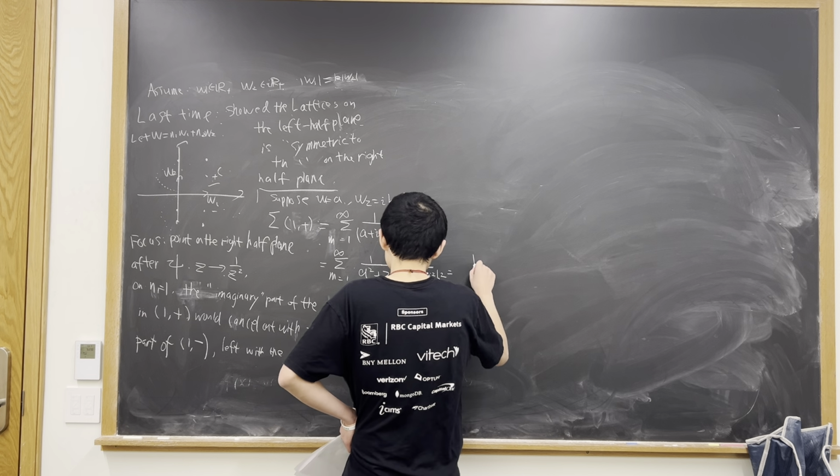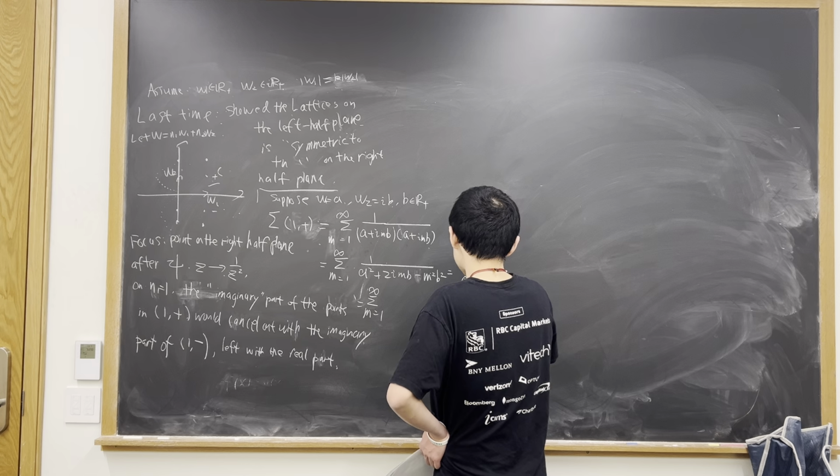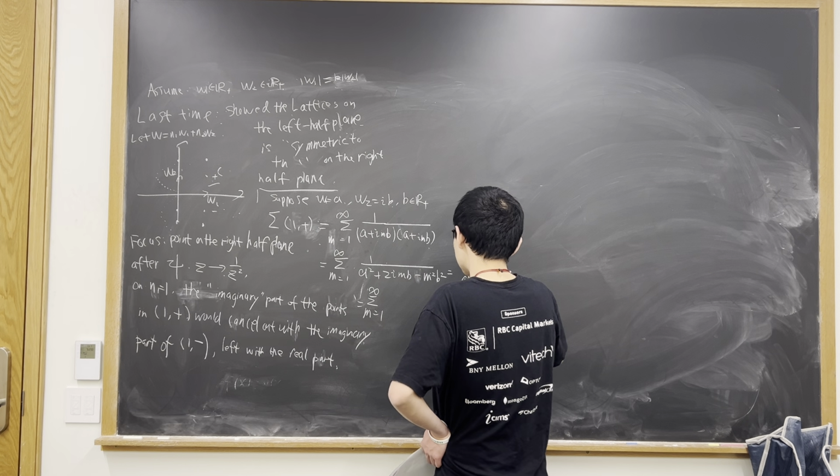So this is equal to 1 over a squared minus m squared b squared plus 2i m b.